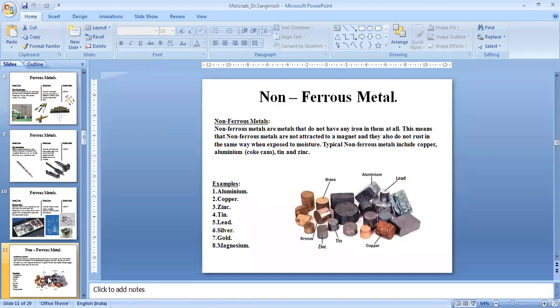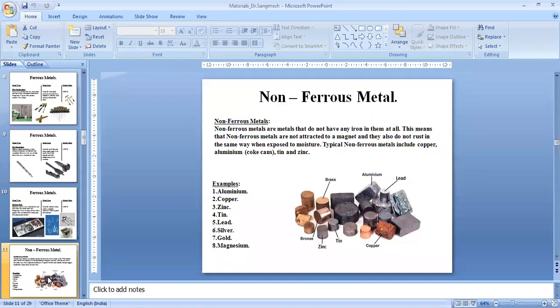So non-ferrous metals are not attracted to a magnet, and they also do not rust. Even if you place them for years, exposed to water or different ambient conditions, over a year they will not corrode, and they will not be attracted by a magnet.